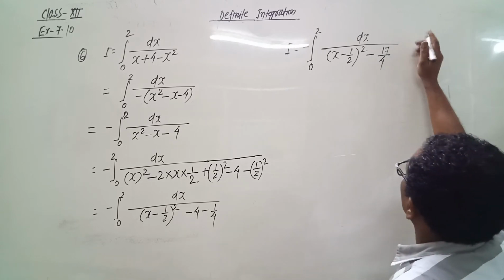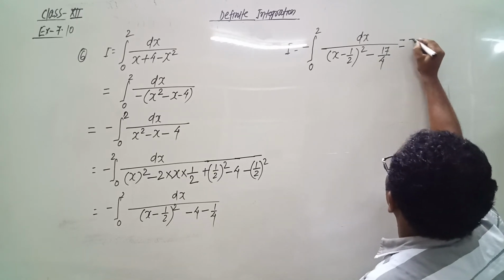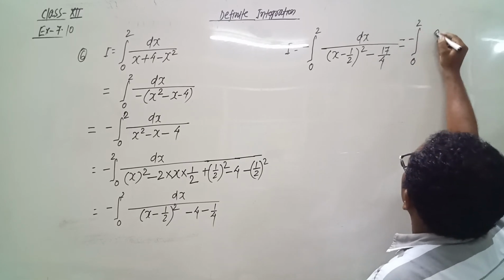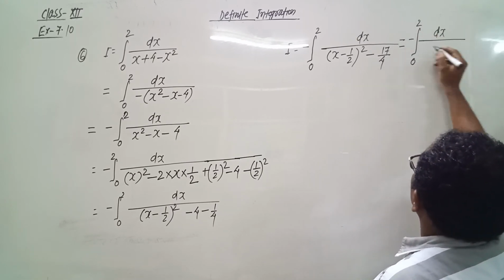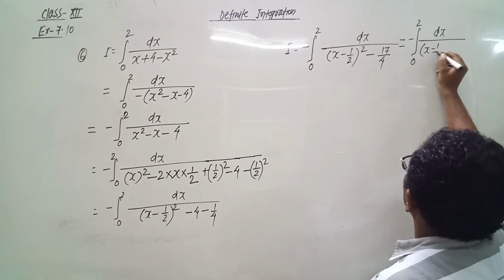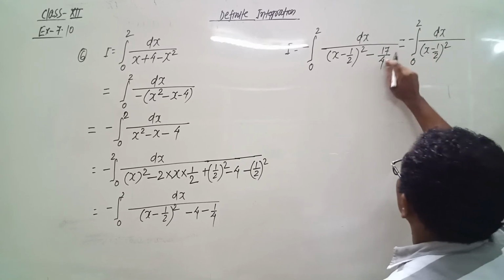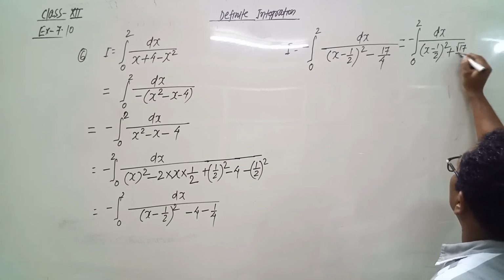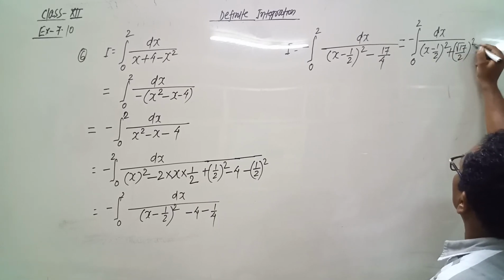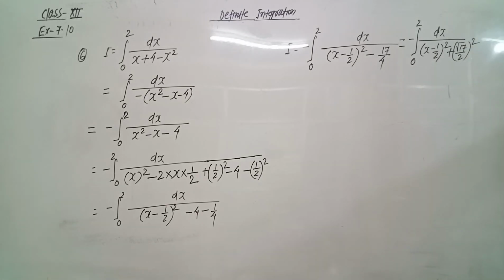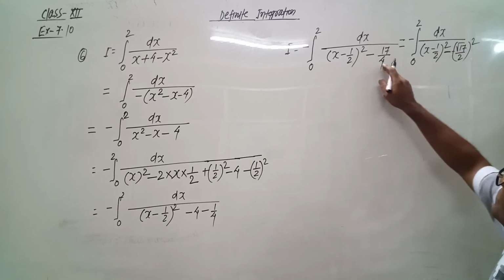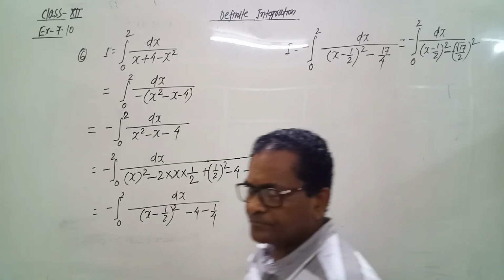And this would be written as minus integration limit from 0 to 2 and dx upon x minus 1 by 2 the whole square, and the square term we will write as root 17 by 2 the whole square, because root 17 the square is 17 and 2 the whole square. Here comes minus 17 by 4. It gives 17 by 4.